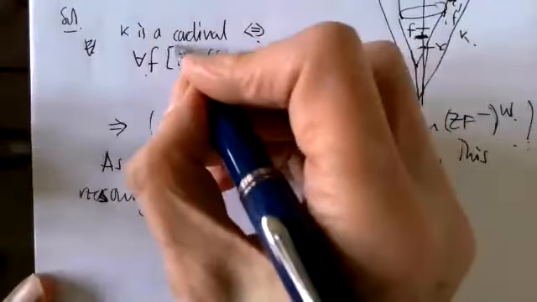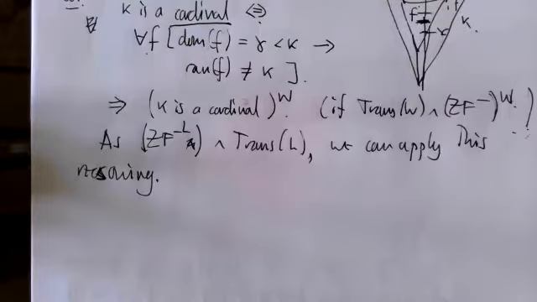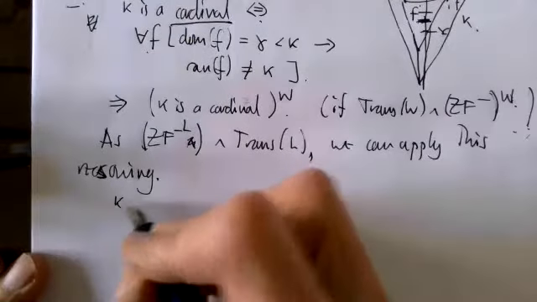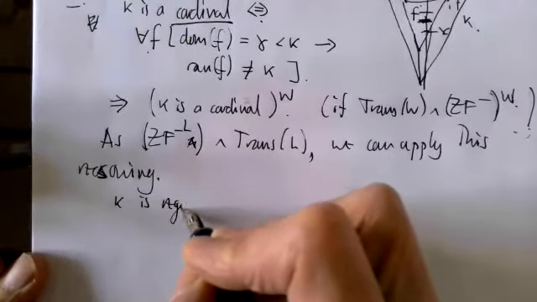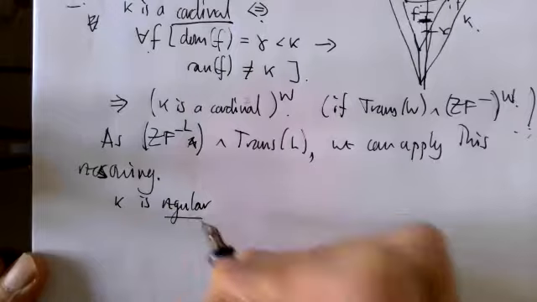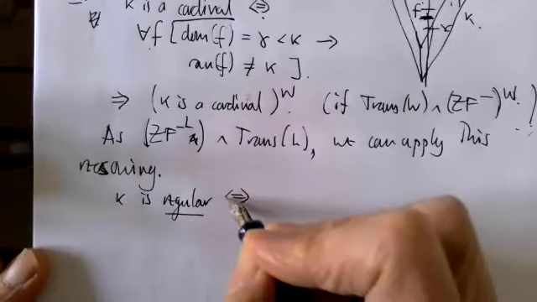Okay, so this is about being a cardinal. So cardinals are downward absolute from V to L. Regular cardinals, it's more or less exactly the same idea.